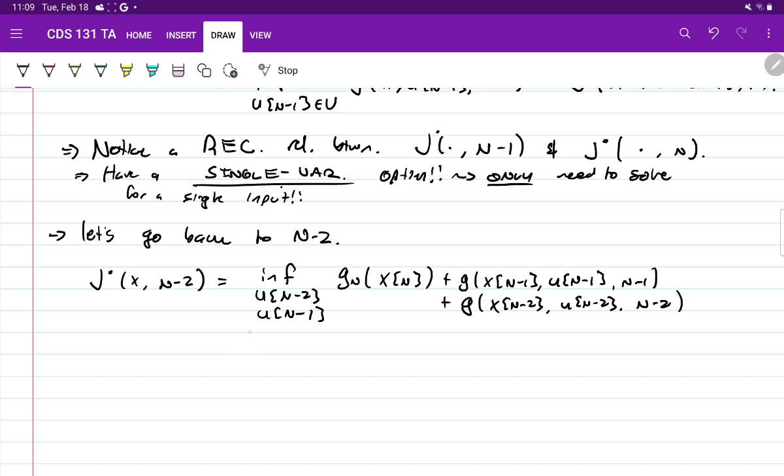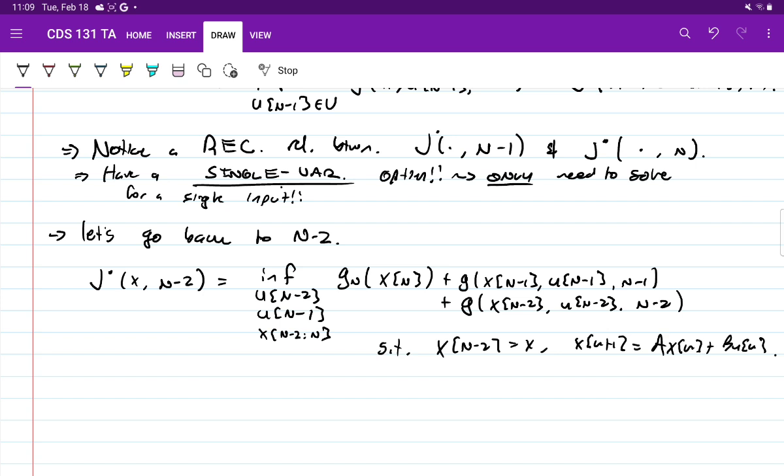So we're also going to be optimizing over x going from n minus 2 up until n. It's going to be subject to x at n minus 2 equals x, and then x at k plus 1 equals a x k plus b u k. So things are starting to look like they're complicating a little bit. A little tough. So what can we do to actually simplify this problem?